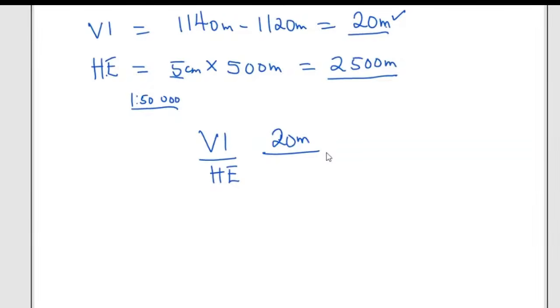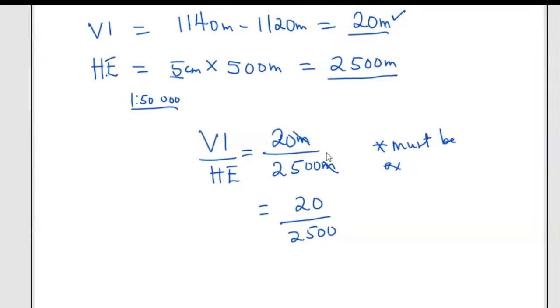Right, so it's 20 meters for VI, and for HE is 2,500 meters. And automatically my meter is going to cancel with my meter. Then I remain with 20 over 2,500.